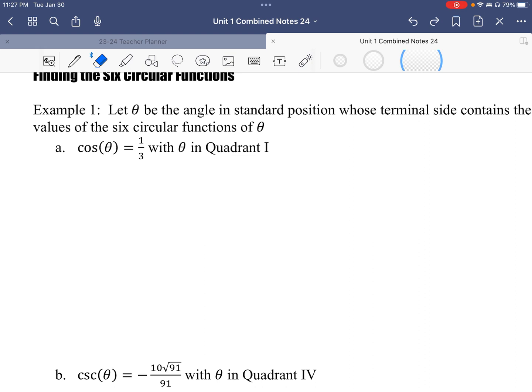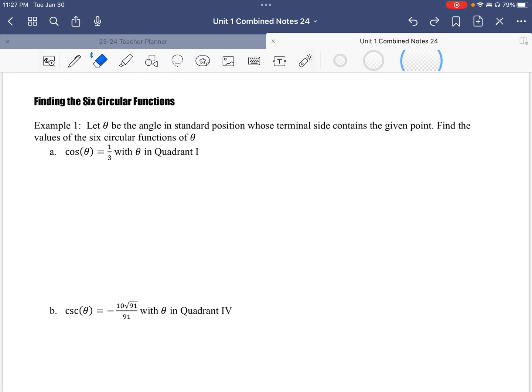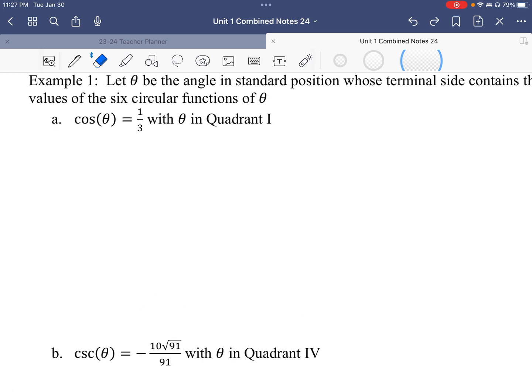Alrighty. Cosine equals 1/3, and I know it's in quadrant 1. All we know is that theta is the angle in standard position, and that we need to find the 6 circular functions. So again, I'm always going to start with a picture. We know it's in quadrant 1 because it told us so. Okay.